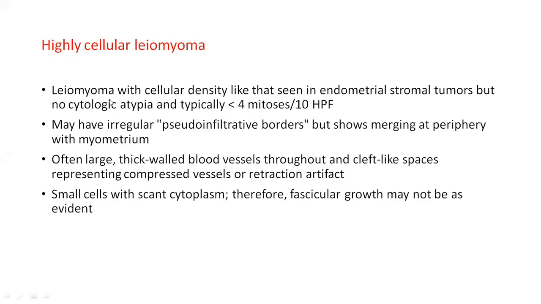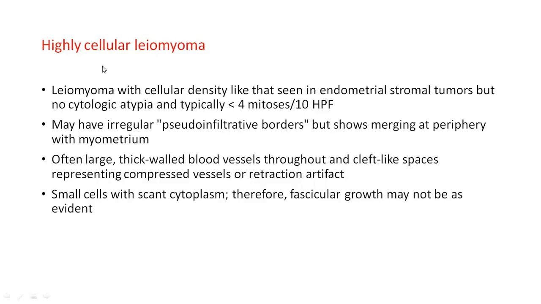Previously it was known as cellular leiomyoma, but currently in the WHO it has been named highly cellular leiomyoma. Whenever we are dealing with a higher number of cells, we always have to make a differentiation from the endometrial, especially the low-grade endometrial stromal tumors.